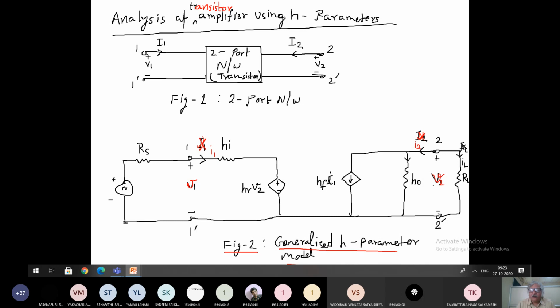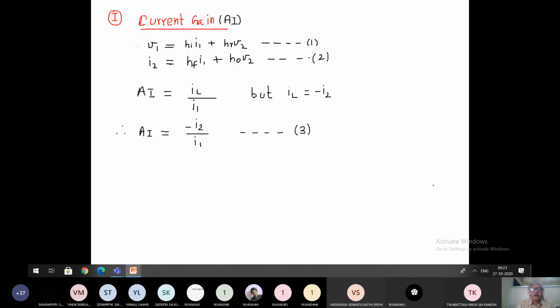So V2 is the voltage across the output terminals.